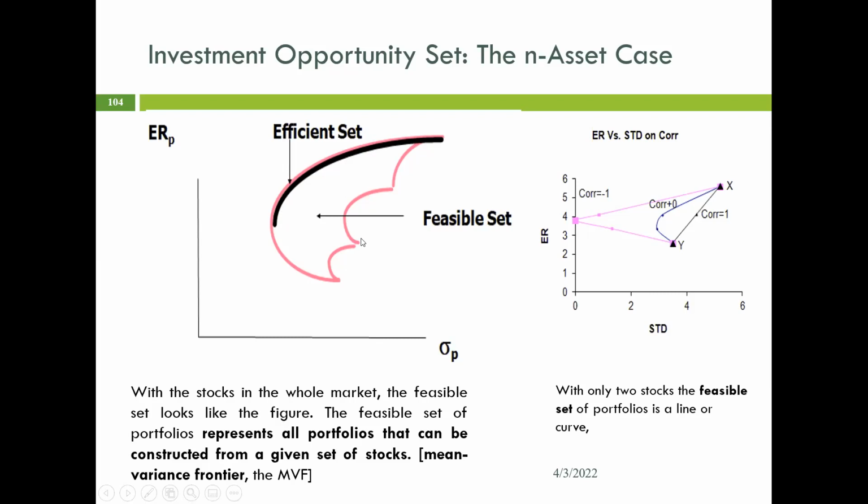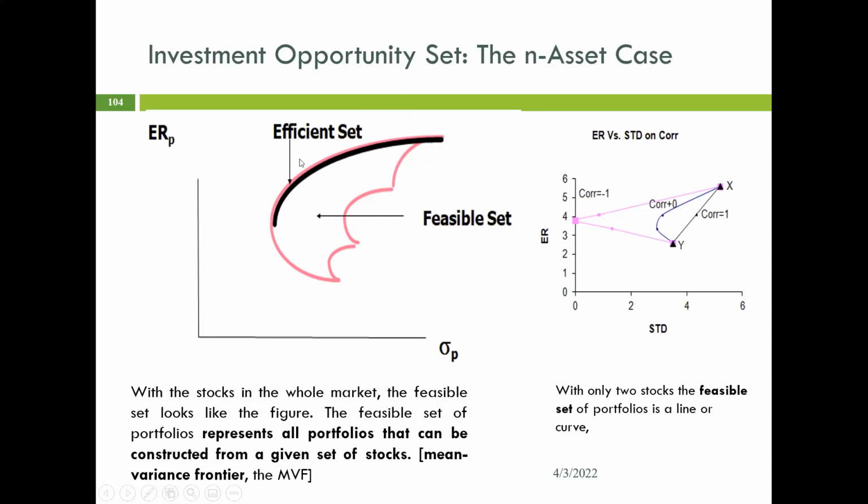The feasible set of portfolios represents all portfolios that can be constructed from given stocks. Sometimes we term this the mean variance frontier, because this is the mean and this is the variance. Standard deviation is the square root of the variance. In some textbooks it is termed the mean variance frontier.